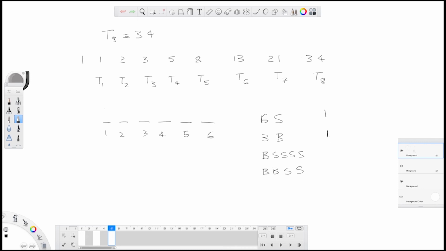That's one way. This is again 5 factorial upon 4 factorial, and that's 5. And this is 4 factorial upon 2 factorial into 2 factorial. That is 6. So if you add all this up, you'll essentially get 13, which happens to be T6.